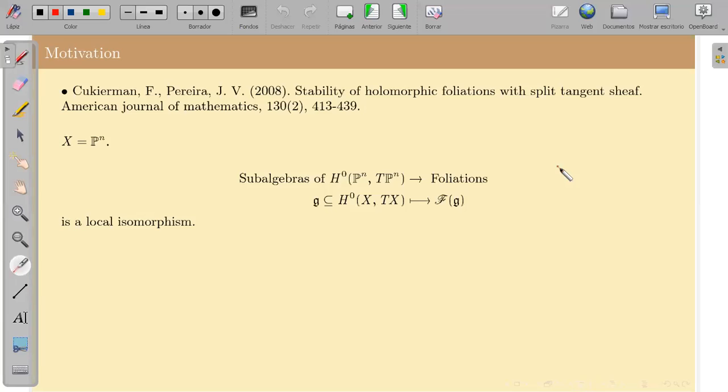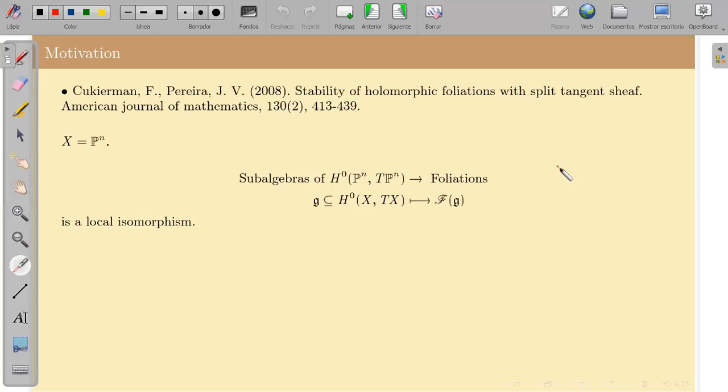They prove that under some hypothesis on an action, the map that sends a subalgebra of the Lie algebra of global vector fields into the associated foliation, such as we constructed before, is a local isomorphism.